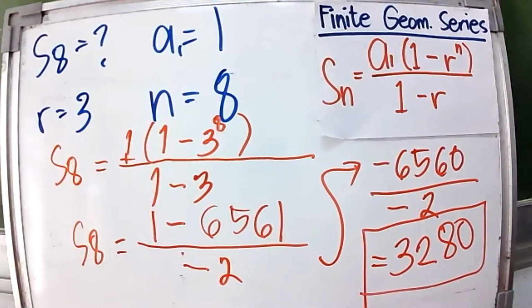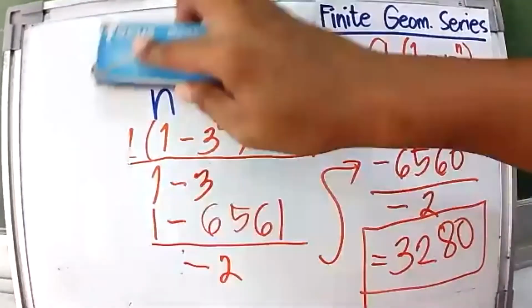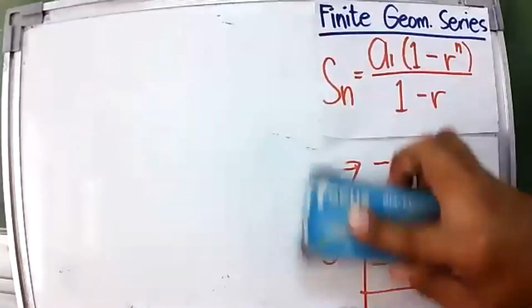Okay, now, let's have this next example. There's a question raised a while ago. What if the missing term po is the first term? Okay, let's have this.